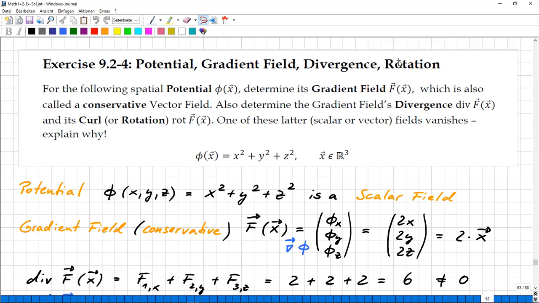Curl is sort of a feature or a property of such fields, especially fields which are so-called vortex fields. So they have a certain vorticity. I can't give you a different word for that, but you know what I mean.